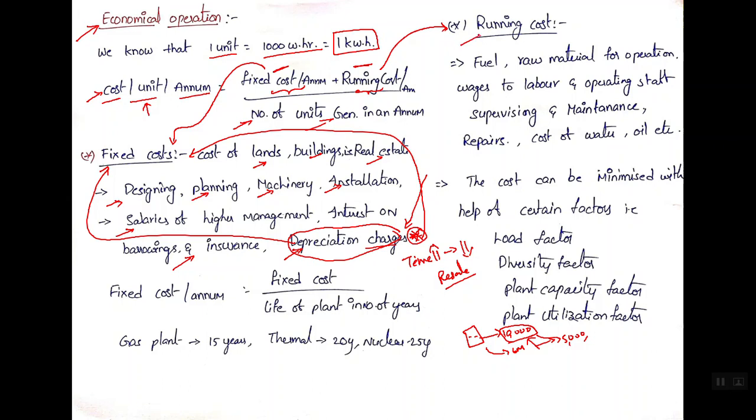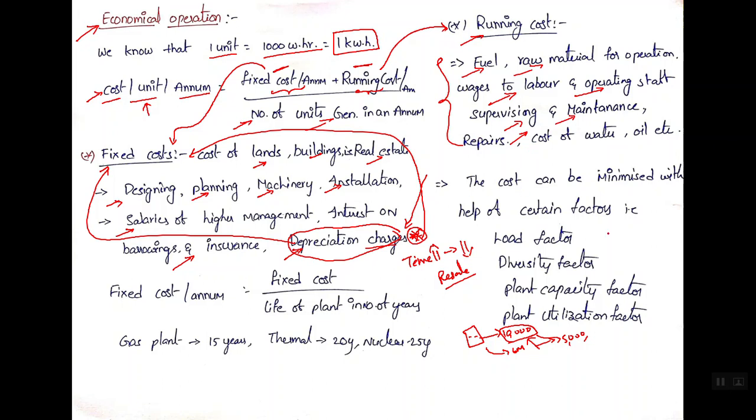And the second one, running cost, is nothing but fuel cost or any raw material for operation or generation, wages of labor and salaries, that is operating staff or supervising salaries, maintenance and all repairs. All these come under running cost.